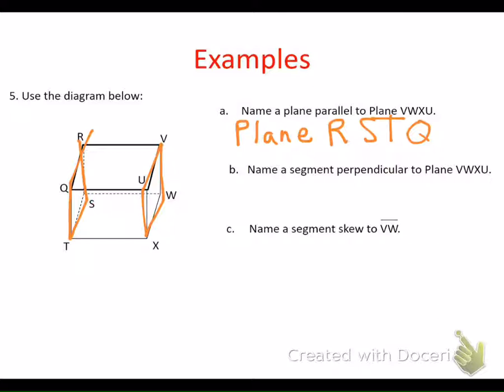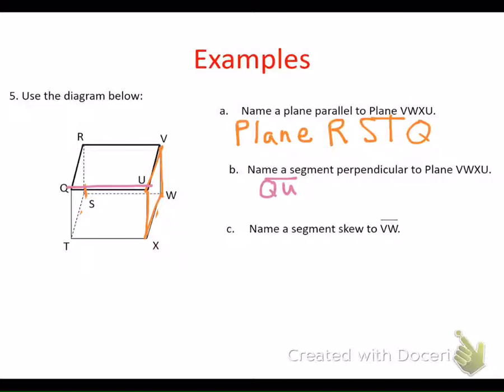Name a segment perpendicular to VWXU. Perpendicular means it forms a right angle. There are four possible answers. What is one? QU. So that'd be segment QU. What else?